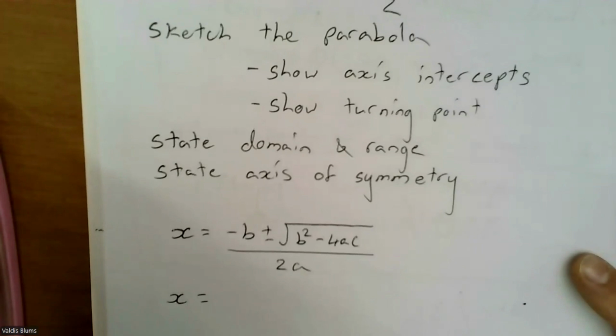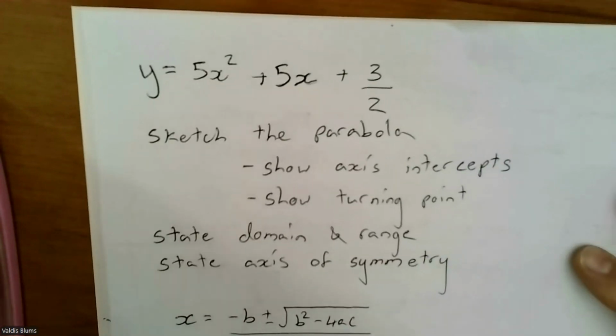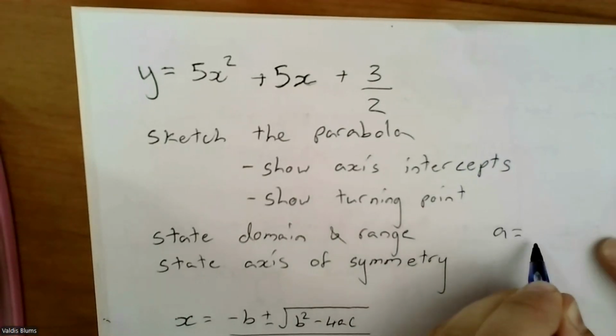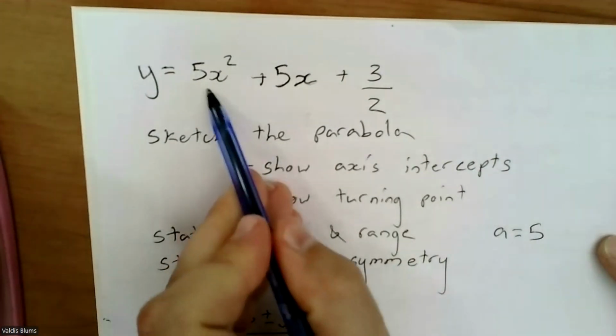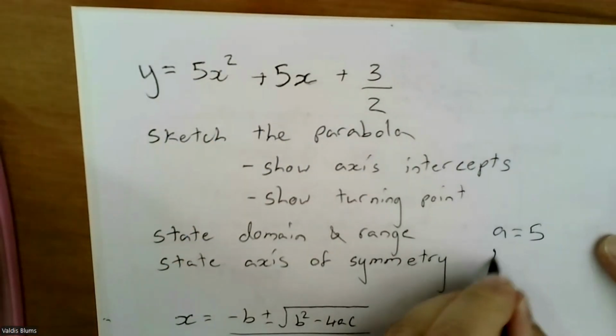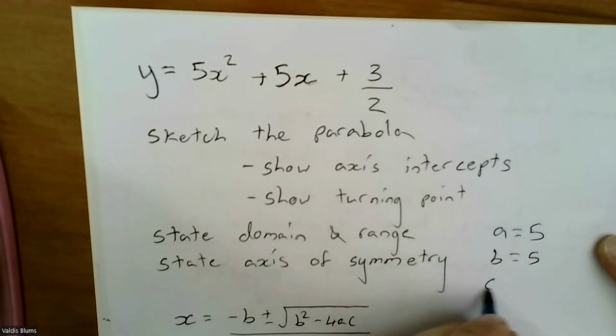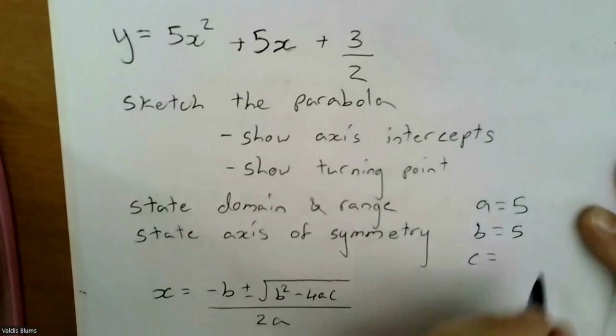x is equal to, okay, what are our a, b, and c coefficients? So a is equal to 5, b is equal to 5, and c is equal to 3 on 2.